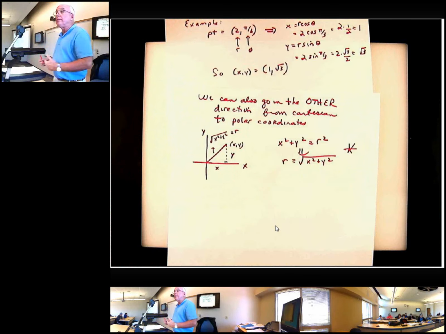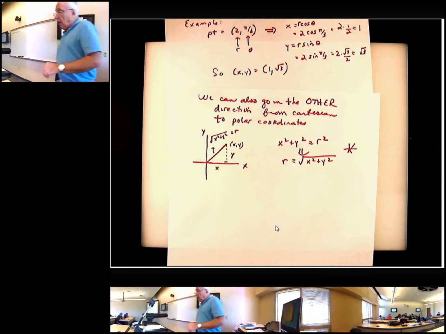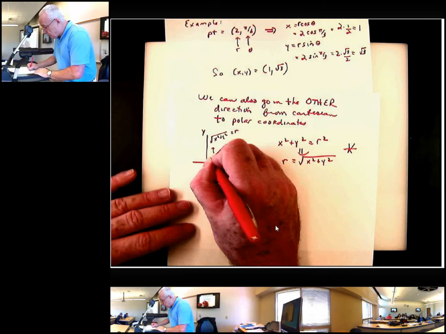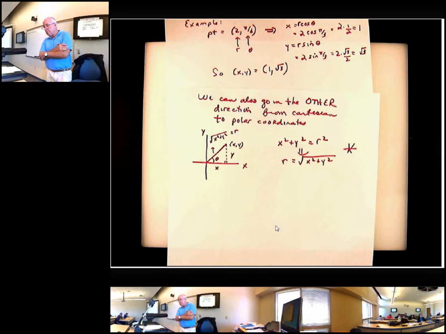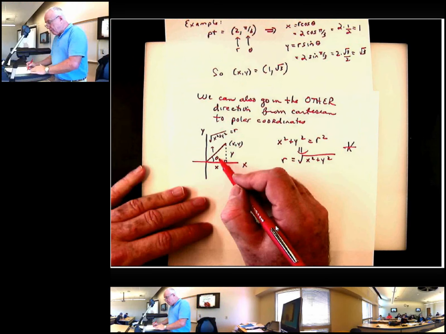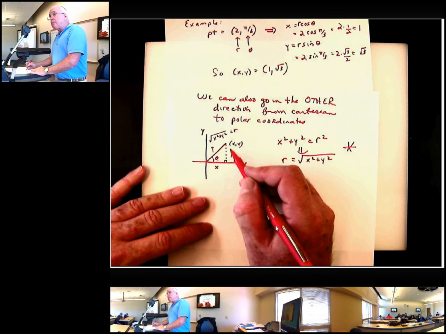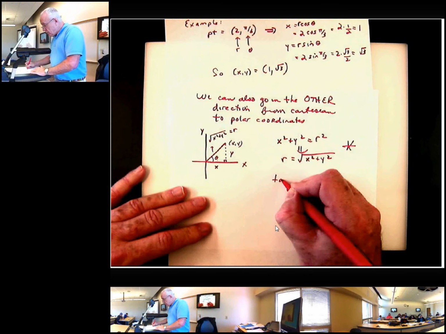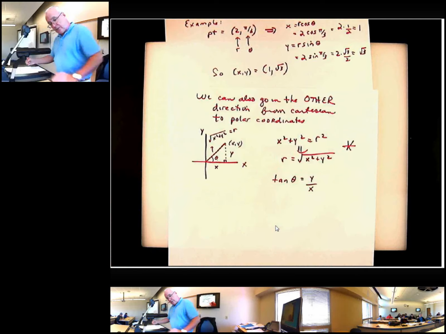Now, what about the theta? We also need to find that. Here, right here, we can say that's our angle theta. So, in terms of the x and the y, notice that the tangent of our angle theta is the opposite over the adjacent, so the tangent of theta is equal to y over x.